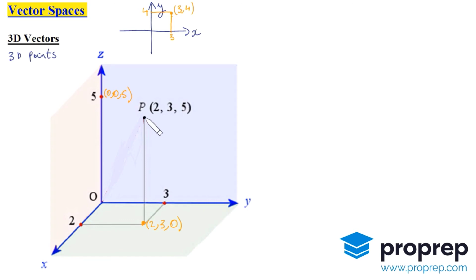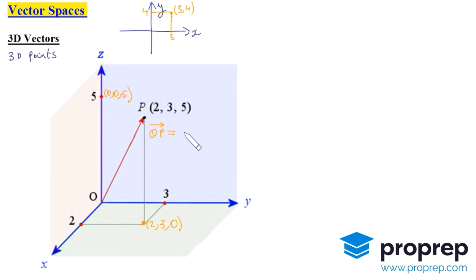Now, let's take this point. Corresponding to each point, we can take a segment that joins the origin to that point, like so, and with a little arrow on the end. And this is the line segment with an arrow that takes me from O to P. O is the origin. So associated with this point, we have this arrow, and this is the vector, and we call this the vector OP, and we write a little line with an arrow on top.